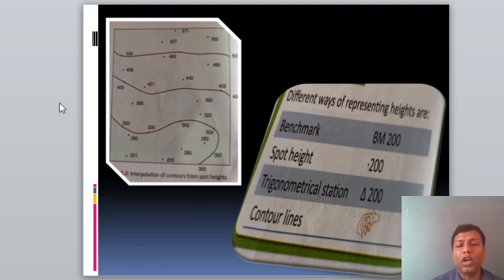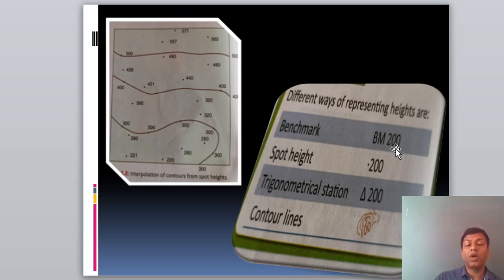Now in your topographical sheet there are things to describe like BM 200, dot 200, triangle 200, and brown zigzag lines written with a number. It shows height.